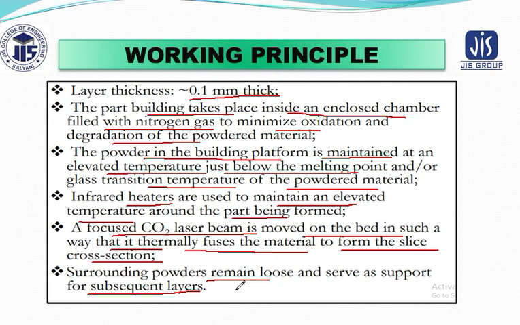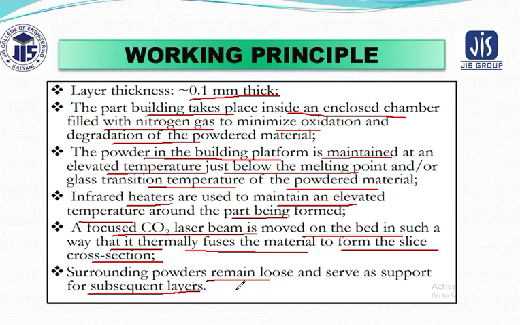So you have to keep in mind that the powder in the building platform has to be maintained at an elevated temperature, and that should be below the melting point or the glass transition temperature of the powder material. Then there must be an infrared heater.